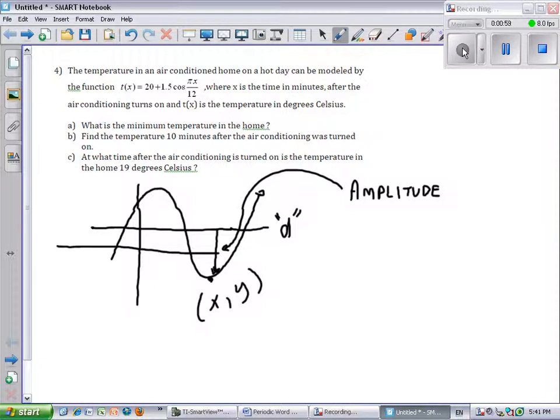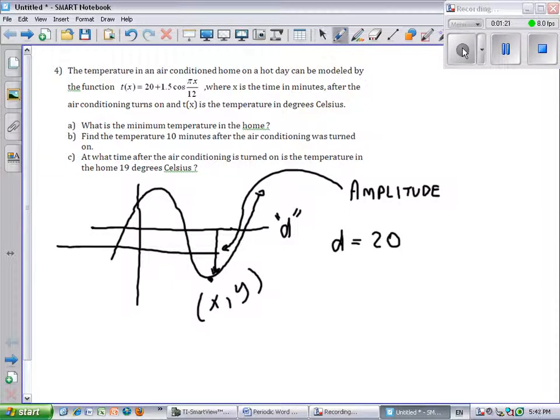So here goes. The d value, we know the d value is actually 20. It says it right there. It's written in front, but that's the same as putting plus 20 at the back of the equation. So we say d is 20. We know the a value as well. The a value, the number in front of cosine, is 1.5.